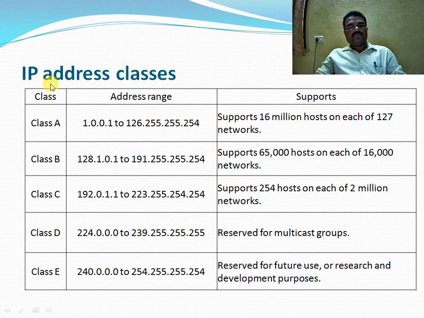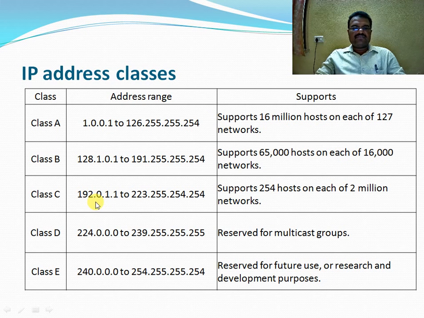Here the IP address class ranges: class A is 1.0.0.1 to 126.255.255.254, which supports 16 million hosts on each of 127 networks. In class B, 128.1.0.1 to 191.255.255.254 supports 65,000 hosts on each of the 16,000 networks.